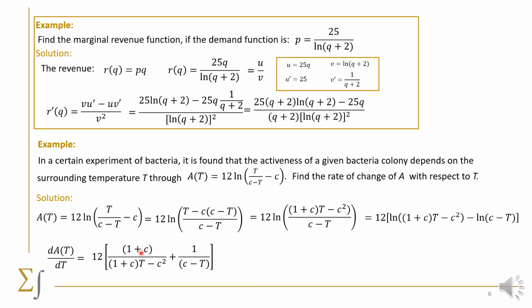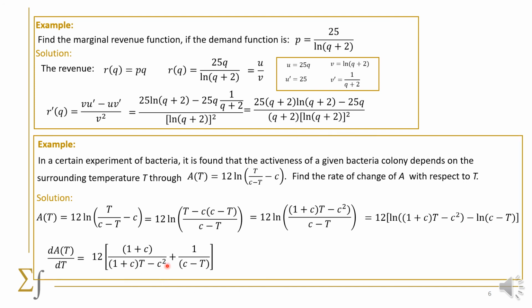It is 1 plus c, and the derivative of the minus c squared is 0. For the second term, we have a minus sign here, so we differentiate and take into account that there is a minus sign. The derivative of ln of (c minus t) is 1 over (c minus t) multiplied by the derivative of the inside, which is minus 1. Minus times minus will give us a positive sign. And that's it for this slide. We move on.